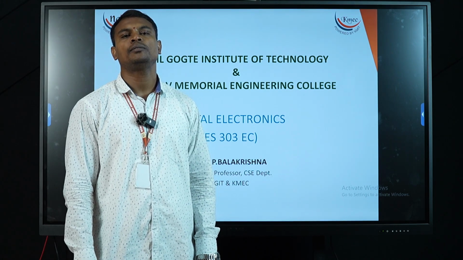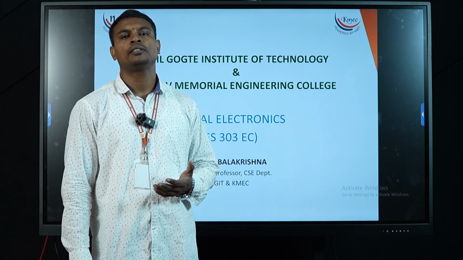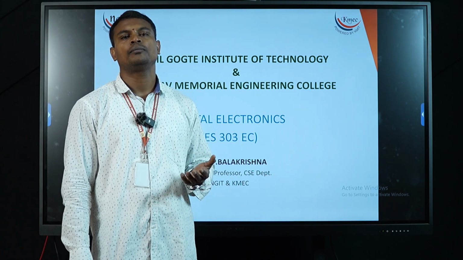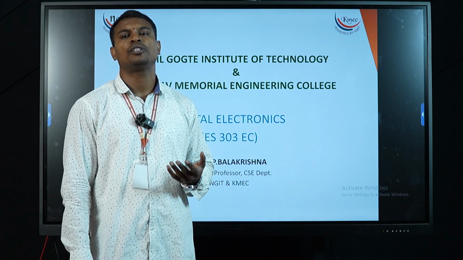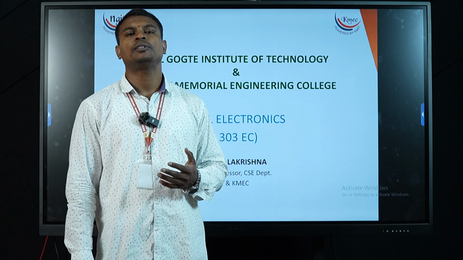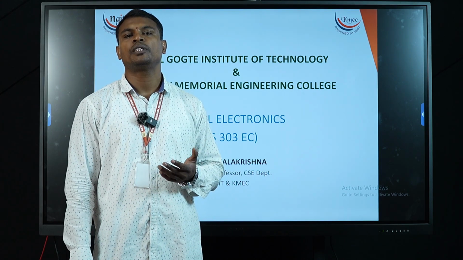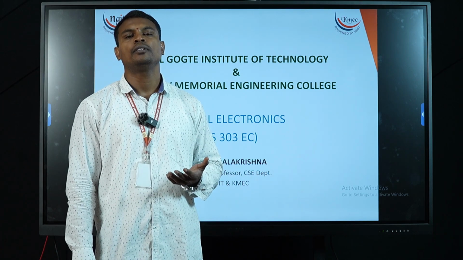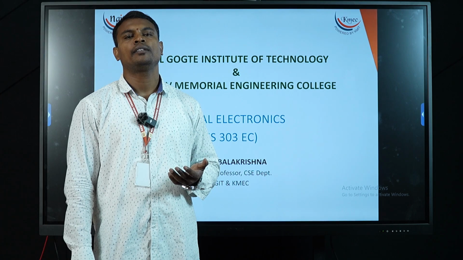In the previous sessions, in unit 1, we have seen the basic numbers, alphanumeric codes, binary codes, gray codes and the conversion from one form to the other form. In unit 2 we have seen signed number representations. Then, coming to combinational circuits, we have seen half adder, full adder, full subtractor, parallel adder, parallel subtractor.